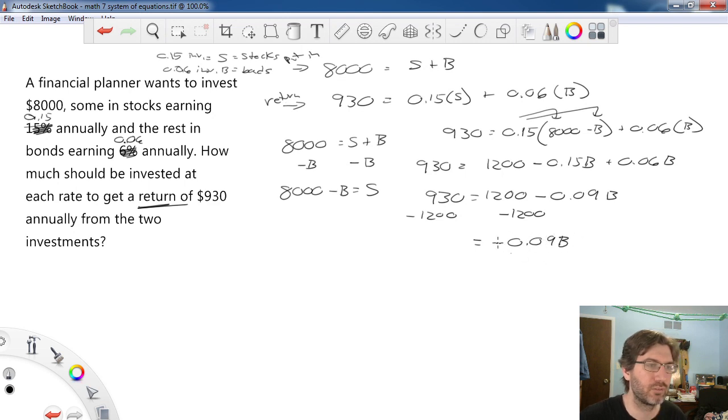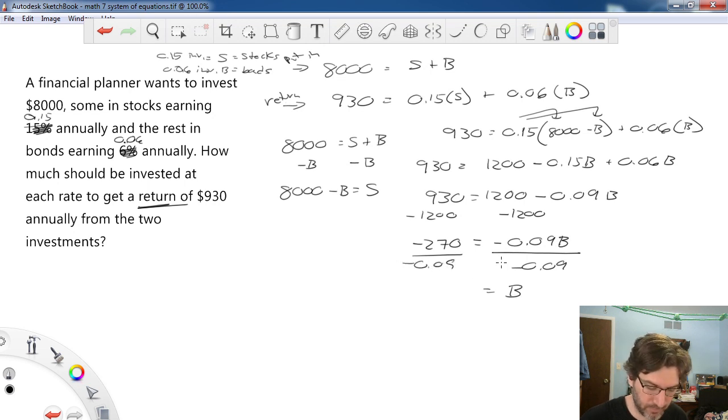So this is making sense so far. And then when you subtract this out, we get 930 minus 1,200, negative 270. And then when you divide, you're going to take that negative away. You get b on this side, negative 270, and divide that by negative 0.09. Your negative goes away, and you're left with 3,000. So what this means is out of this $8,000, you're going to put 3,000 of it into the bonds.